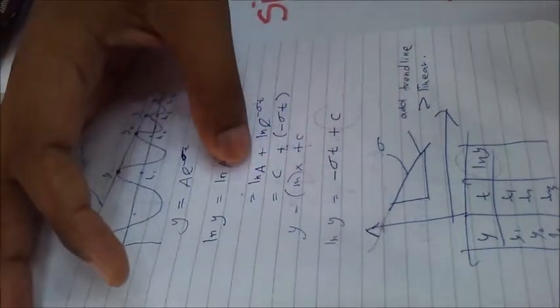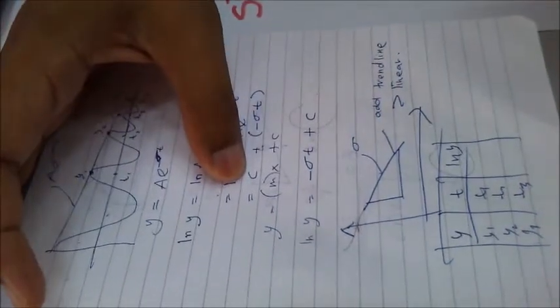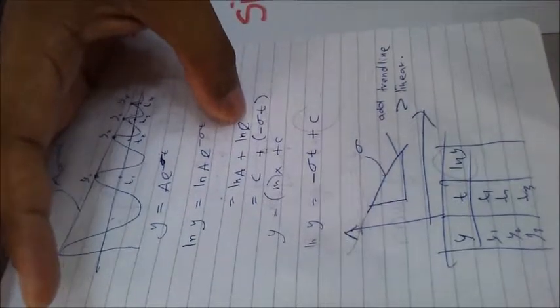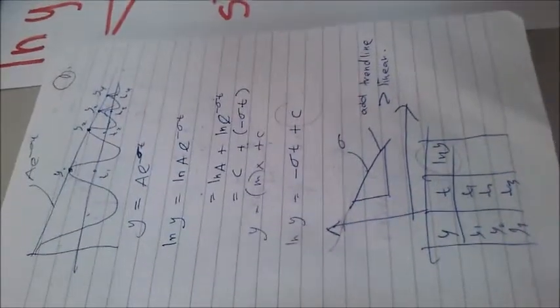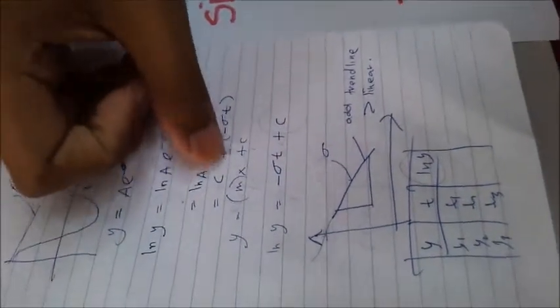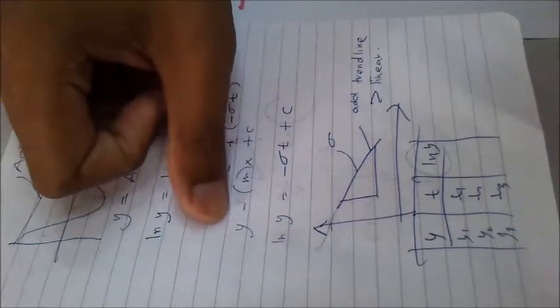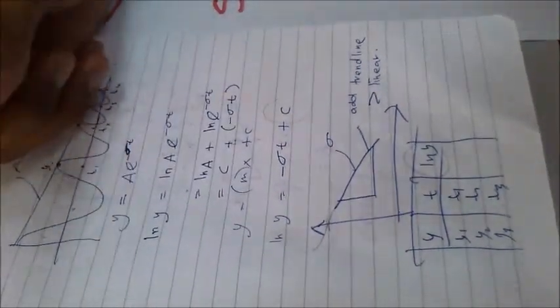When we eliminate the exponent, we get the equation with C plus, in the bracket, negative sigma multiplied by time. The negative sigma multiplied by time is the gradient, and we convert it into a linear equation, y equals mx plus c.